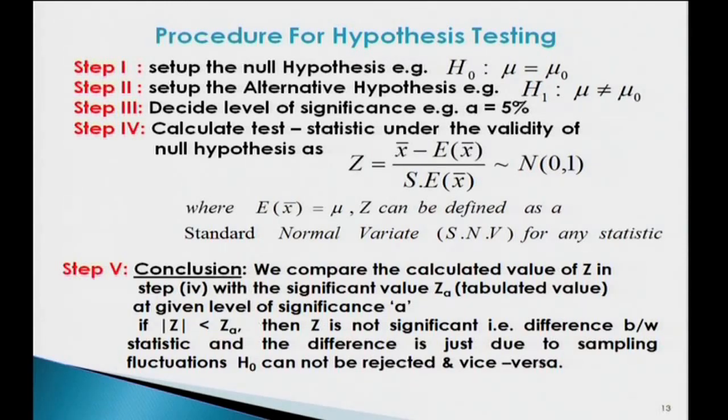There may be a little error between mu 0 and mu, that may only be sampling fluctuation. Therefore, we will say H naught cannot be rejected and vice versa, right. So, these are the steps: defining the null and alternative hypothesis, level of significance, Z statistic, and finally, comparison and conclusion.